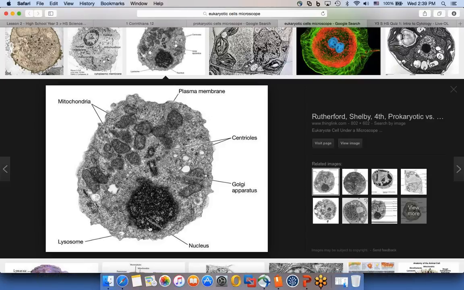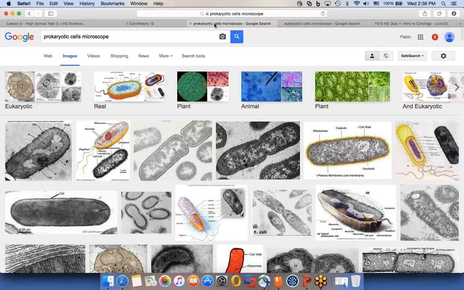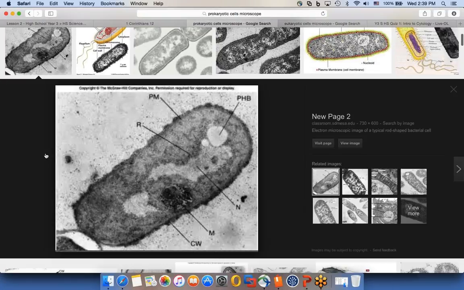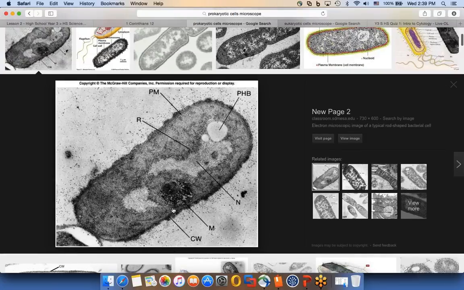But you see the eukaryotic cells all have a well-defined nucleus. Opposed to that, the prokaryotic cells have no defined nucleus. Here we have something defined. I don't know what that one is.